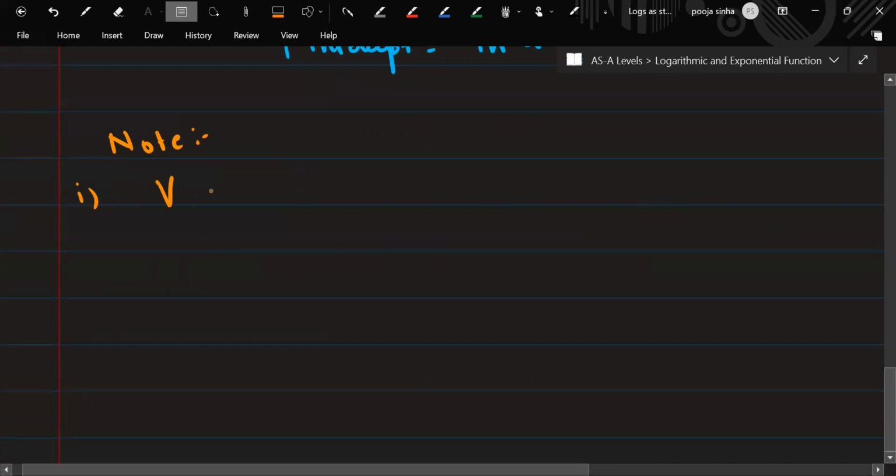Variables, can you see there are variables like x, y? If not x, there is a variable like t, right?